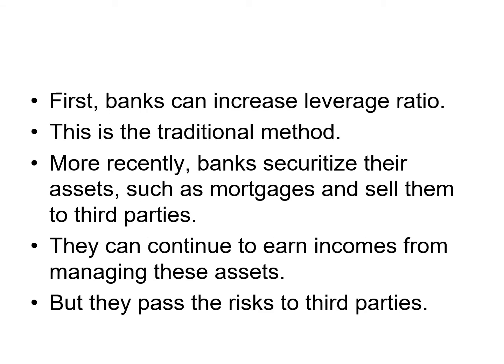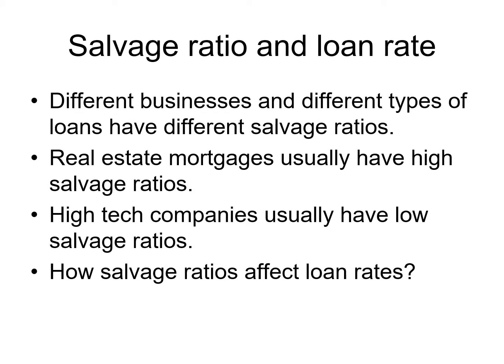First, banks can increase leverage ratio. This is the traditional method. More recently, banks securitize their assets, such as mortgages, and sell them to third parties. They can continue to earn income from managing these assets, but they pass the risks to third parties.